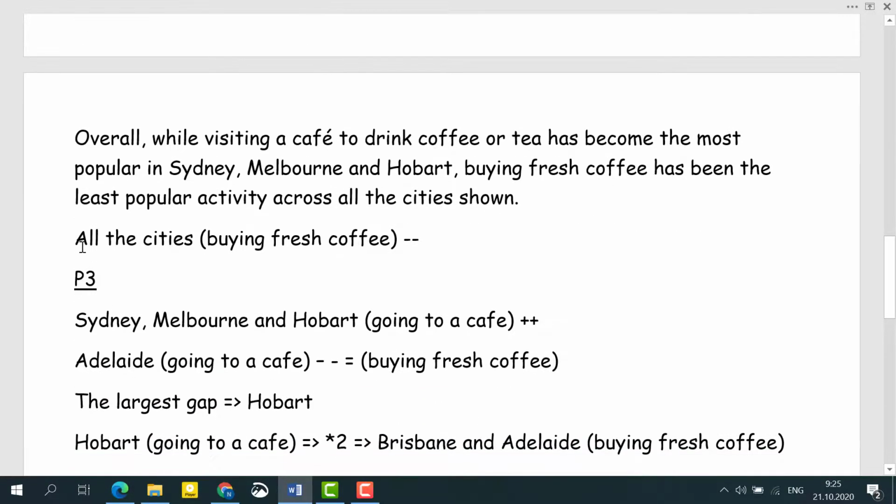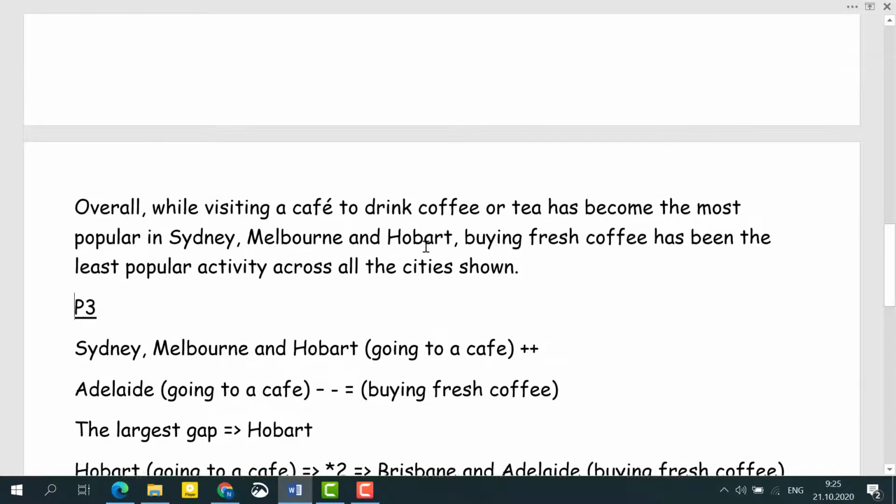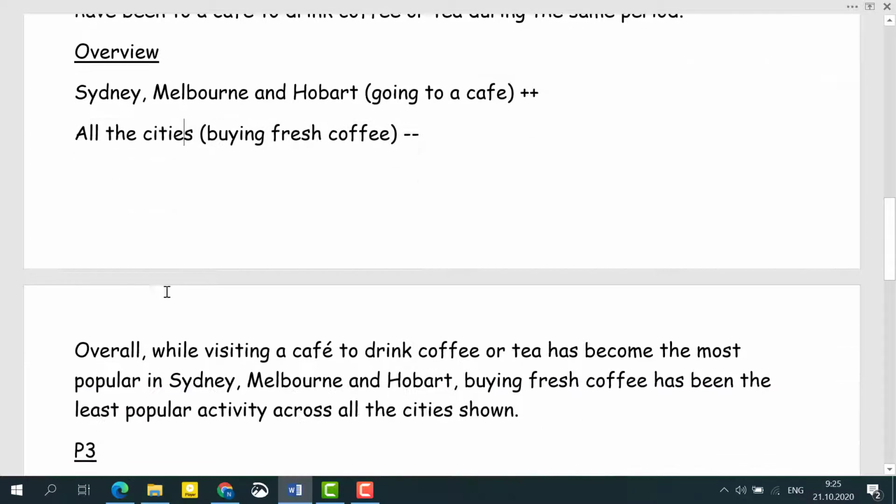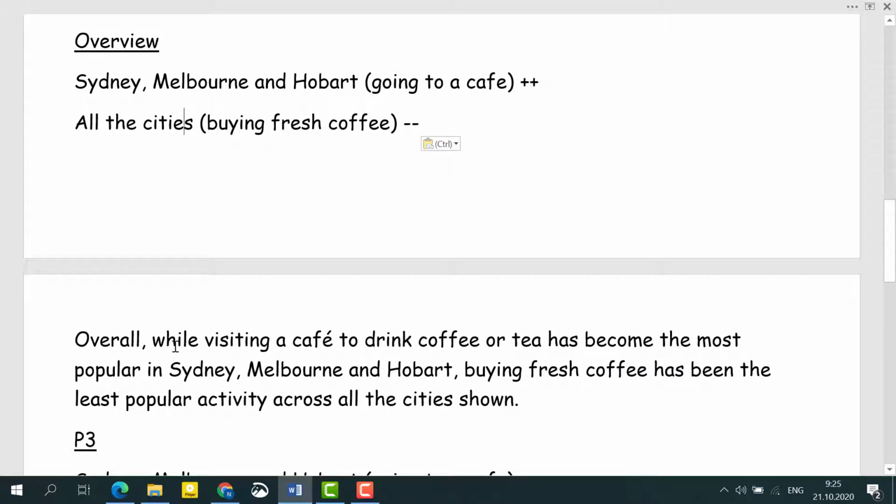So I can also just do this here. Okay, we'll just move it here. Okay, so I'm showing the difference between these two percentages, and that's how I can do it. So overall, while. So use while when you want to show the difference. Visit, so going to a cafe, I can paraphrase and can just write visiting a cafe.